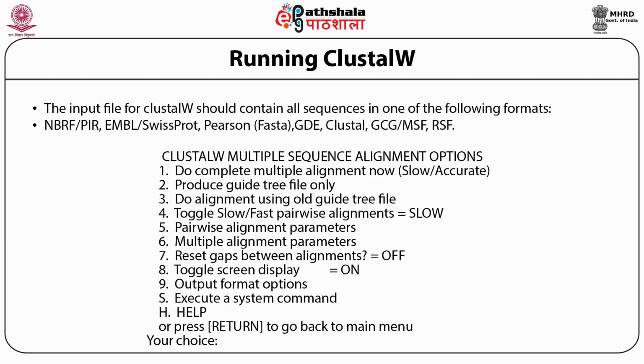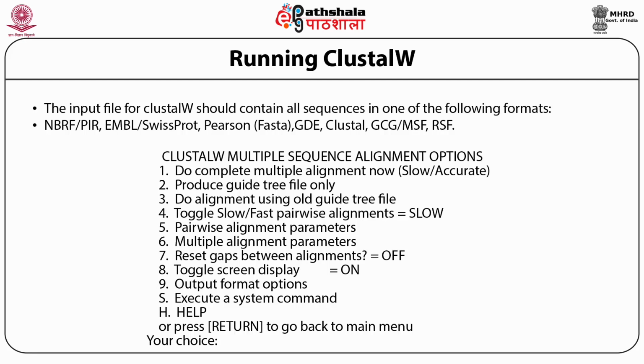One is to do a complete alignment, that means it can be done slow, accurate, or to produce a phylogenetic tree, or do alignment using a guide tree, or you can do slow, fast pairwise alignment also, or pairwise alignment with parameters where you want to modify the parameters, that can be also done, or you want to do multiple sequence alignment where you are putting more than 3 sequences to do an alignment, or you want to introduce gaps, or you want to switch off the gaps. All the options are available when you run the ClustalW alignment on the Windows platform.